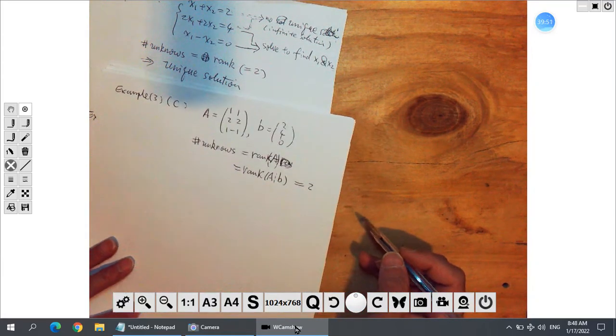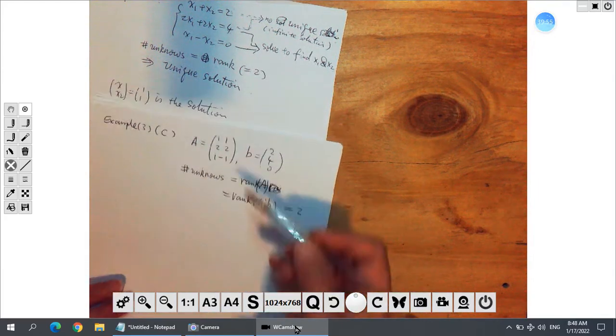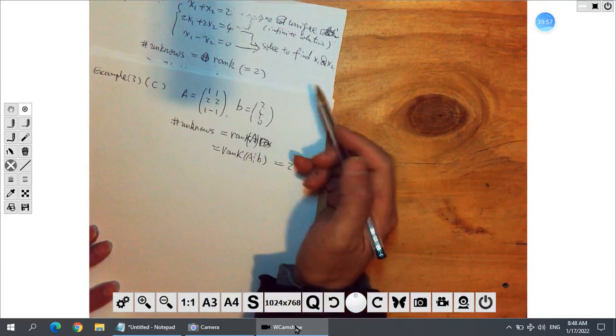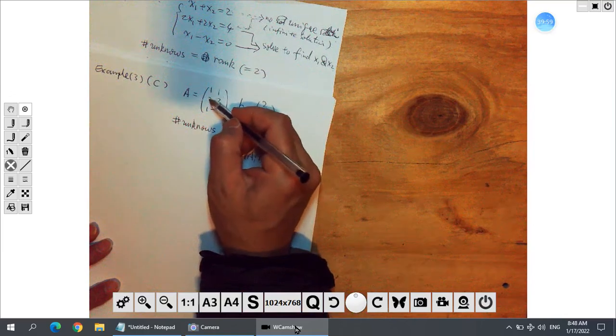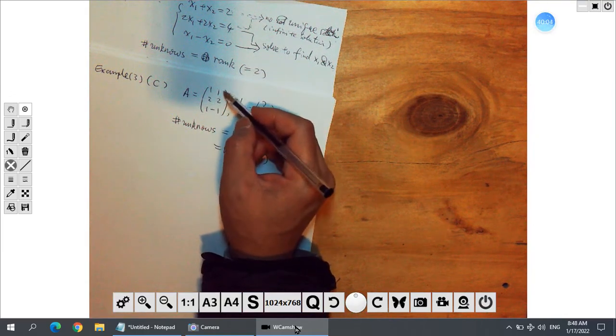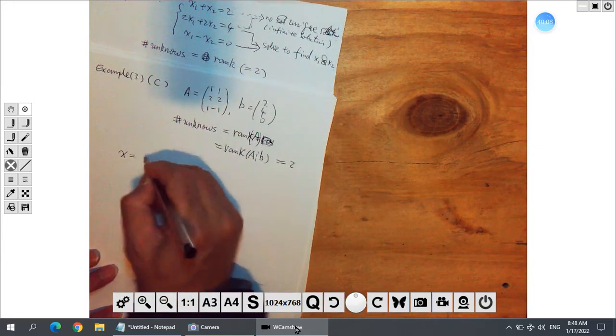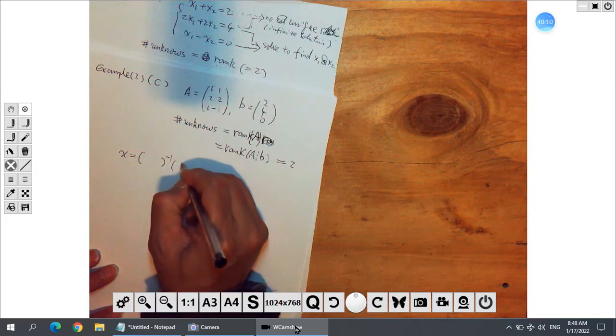Now what is the solution? You need to use the inverse matrix times B, right? But when you select, you have 3 lines and you only need 2 lines. You pick 2 lines from A. We'll have x equal to some inverse times B.